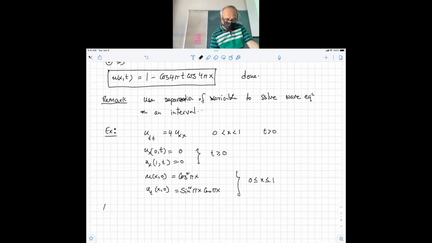And this one should be straightforward, so I put it as a homework or test case, and maybe you can go ahead to verify if you can derive the solution. You should be able to by using the same approach.